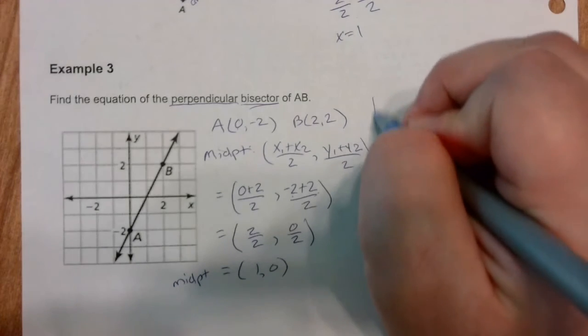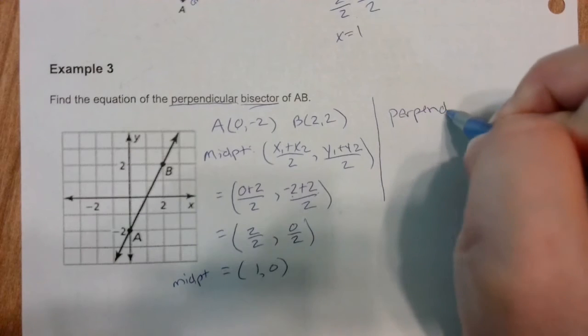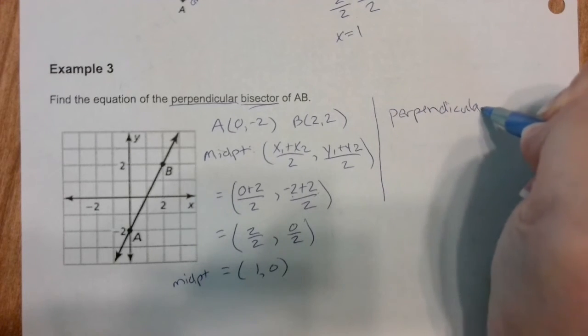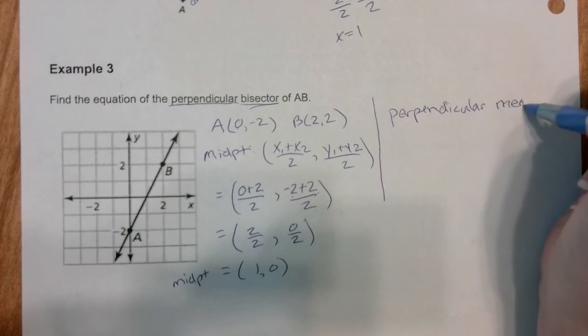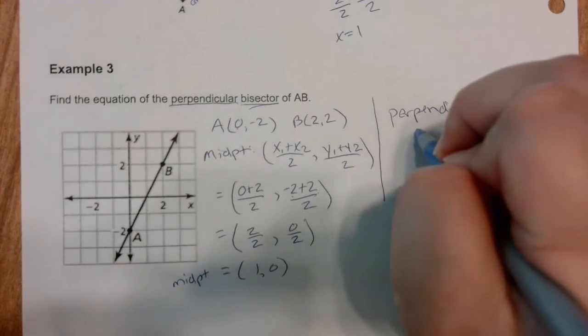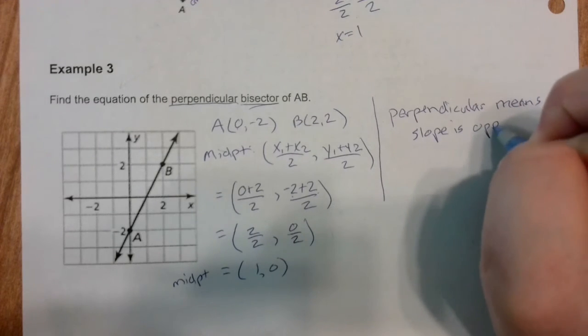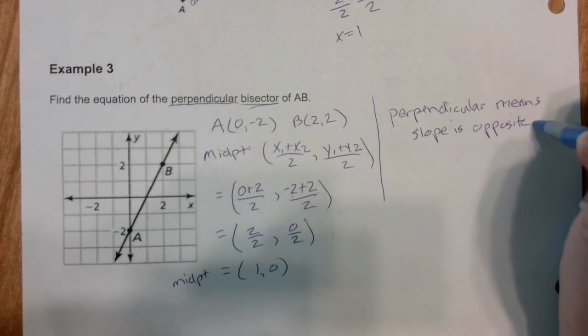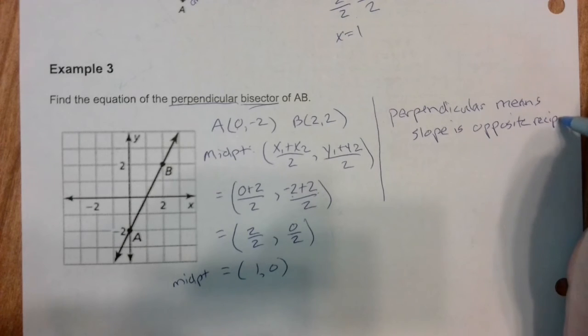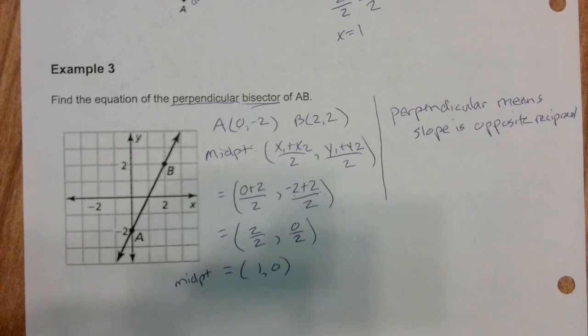We also need to know perpendicular. Perpendicular means what? Perpendicular means the slope is opposite reciprocal. Now, from this point on, we've done problems like this. We did problems where you found the equation of parallel or perpendicular lines.